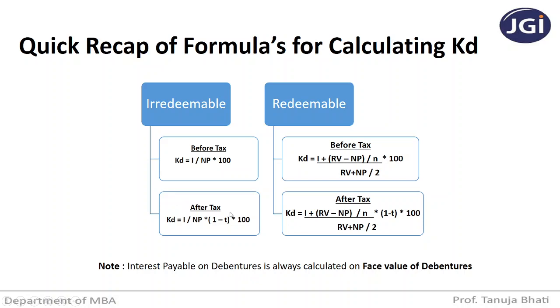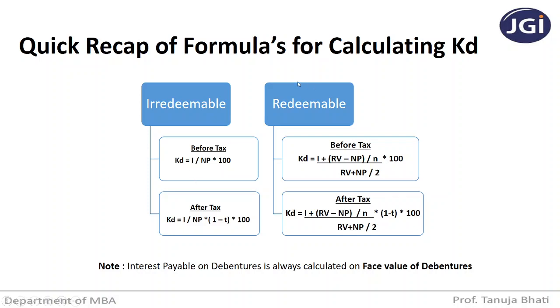Next, after tax means the formula of before tax remains as it is, only you multiply it with 1 minus t. T is nothing but the applicable tax rate. Here again the applicable tax rate will remain the same whether it is issued at par, premium or discount. Interest will remain the same. Only NP will change, depending on par, premium and discount.